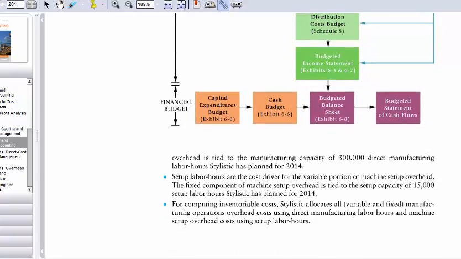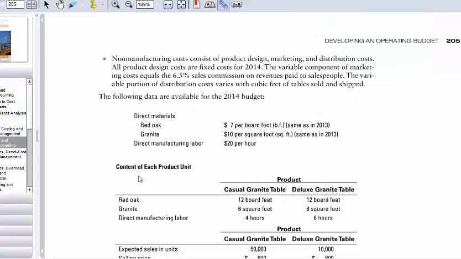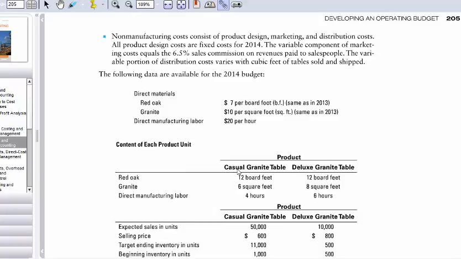I'm looking for particular information. All right, our direct materials, here we go. For the red oak, it is $7 per board foot. And then for our granite, it is $10 per square foot. So you guys are going to have to do some calculations here. For our casual table, we need 12 board feet of the red oak.